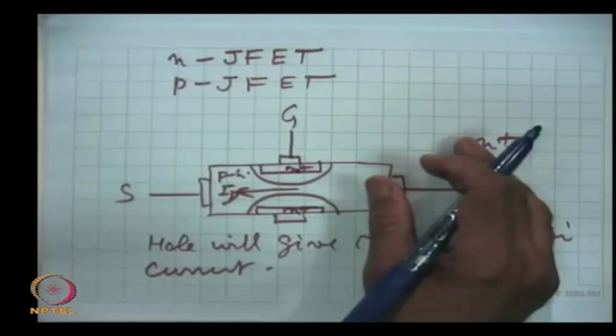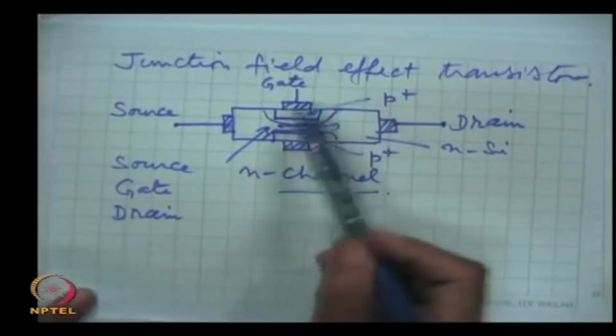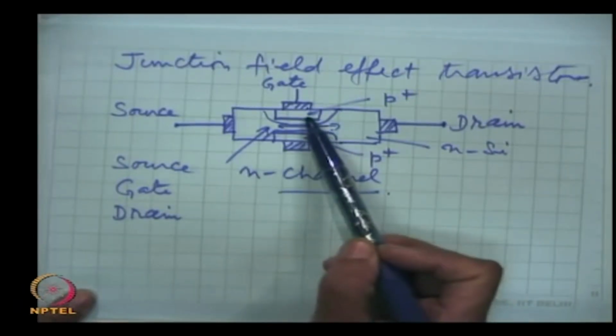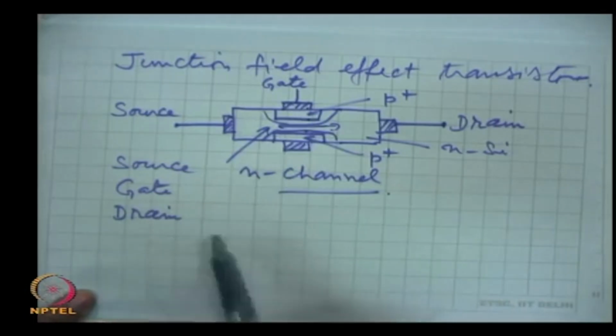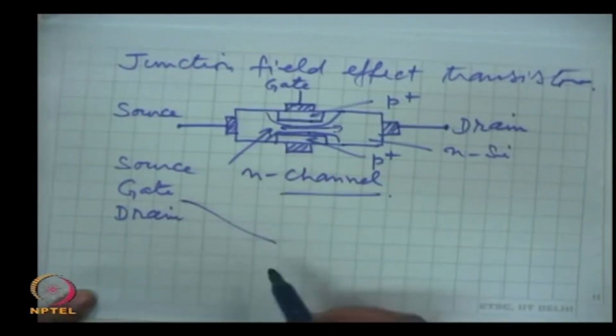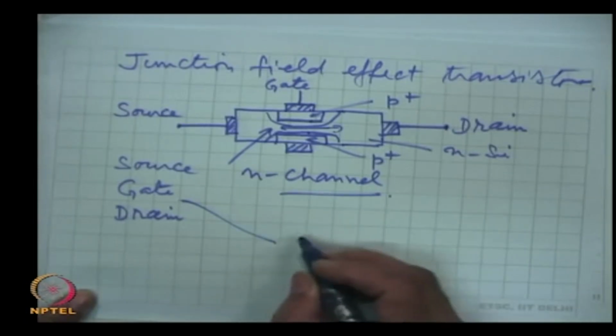The figure must be here: this is gate, this was P type material, this is N, and we have said that the gate in the N type JFET is always operated with a negative voltage.